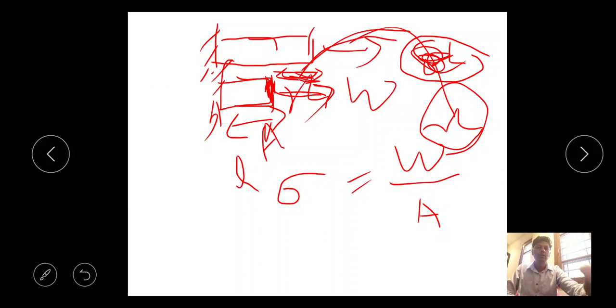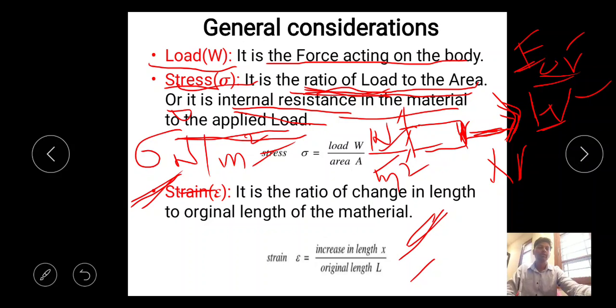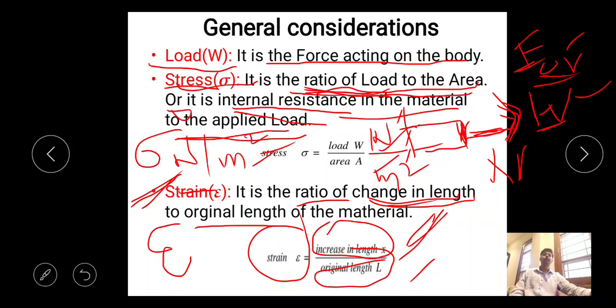This is the original length. So x divided by L is strain. It is the ratio of change in length or increase in length to the original length.